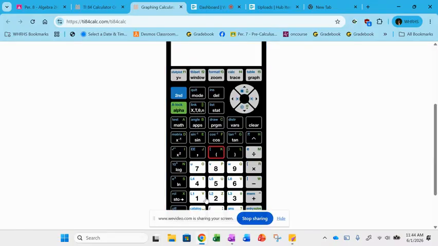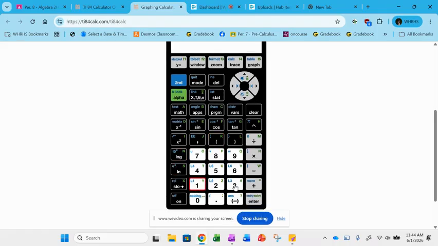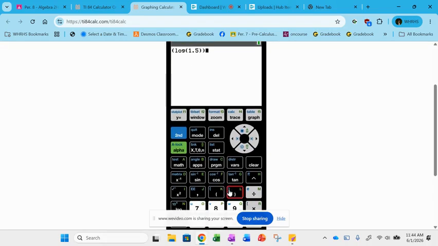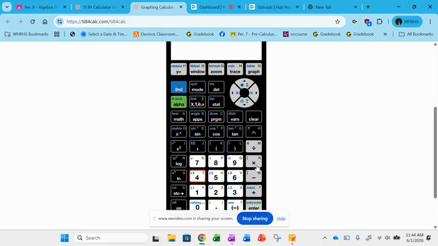I think it was log of 1.5. And now I'm going to double close these parentheses, divided by. Now, is this initial parenthesis in the denominator necessary? Absolutely. The initial parenthesis in the denominator is absolutely necessary. And we're going to say 4 times.